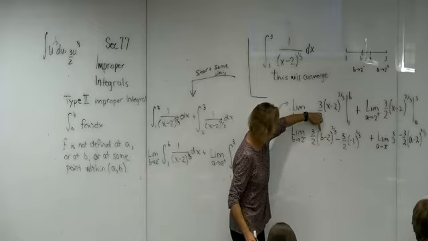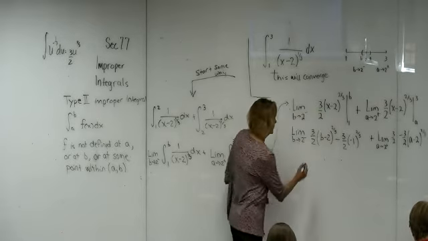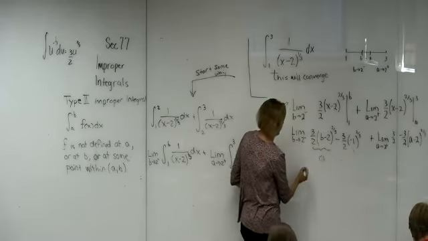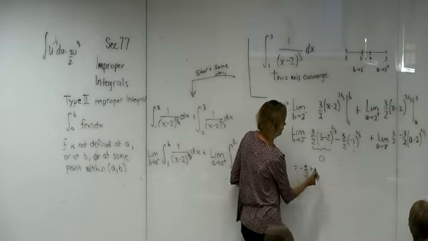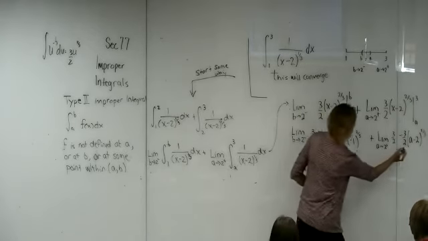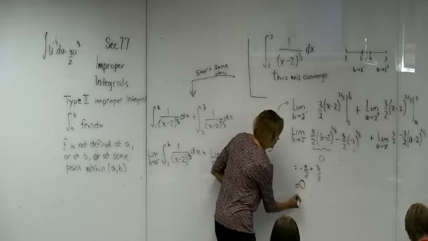What is the limit here when b goes to 2? 0. So this is going to be 0. This is going to be 1, so I'm going to get a -3/2. Then I get plus 3/2. And then this limit's going to be 0. So my integral converges, and it converges to 0.